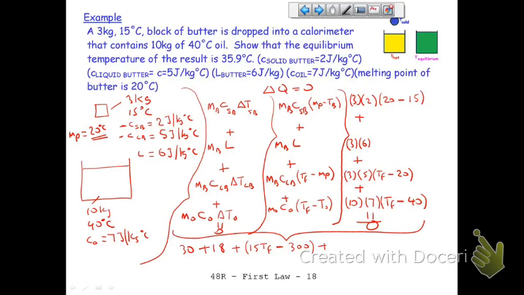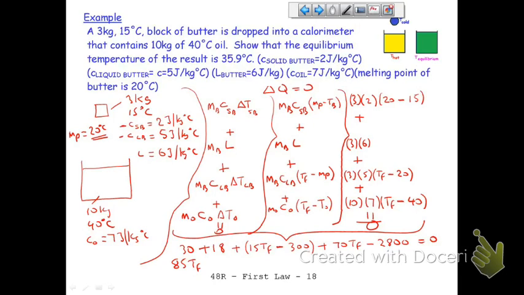Plus 70TF minus 280. I think that's right. Or is it 2,800? 2,800 equals 0. 15 and 70, 85 TF.